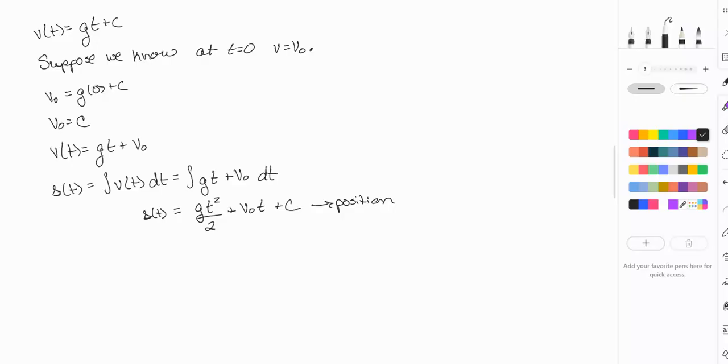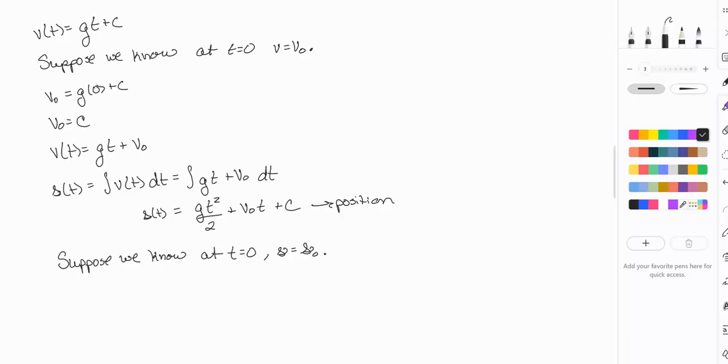But we usually know something about position too. We know where we were when we first threw the object or dropped the object. So we know an initial condition, which means we can solve for C. So suppose we know at time 0 what that initial position is, and I'll just call it s naught.